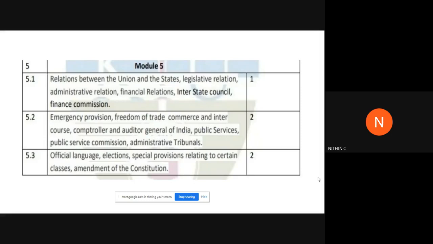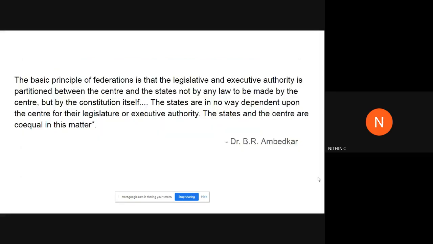So, the module first of all covers the relation between union and states. This was actually a statement of the man behind the constitution, B.R. Ambedkar. The basic principle of federations is that the legislative and executive authority is partitioned between the center and the states, not by any law to be made by the center, but by the constitution itself.